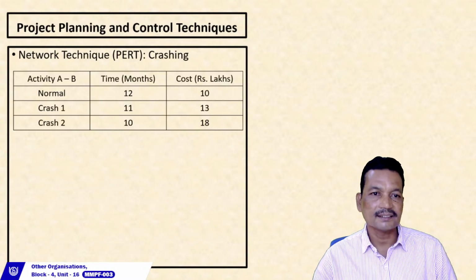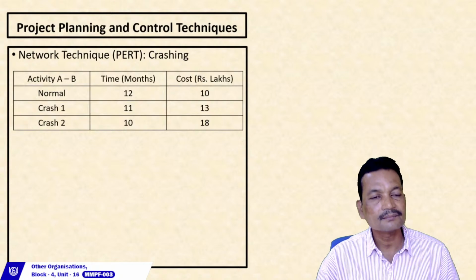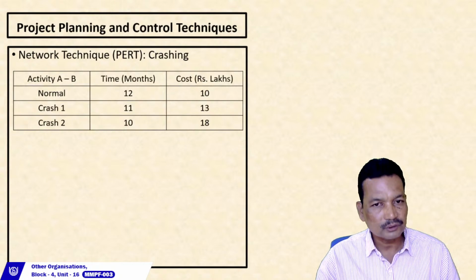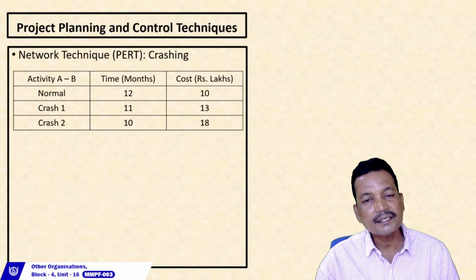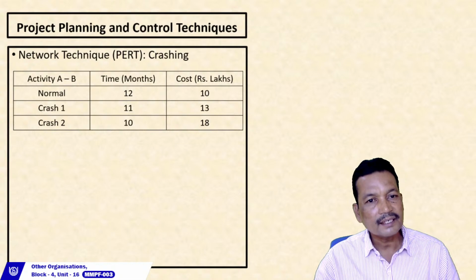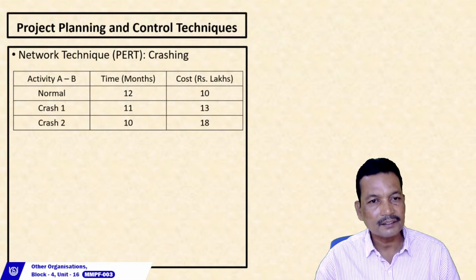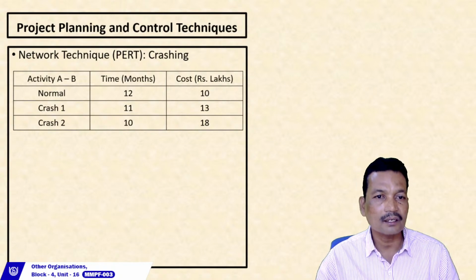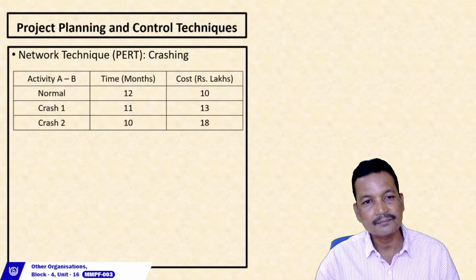Now what is crashing? Sometimes what happens? We try to complete the project earlier than it has been planned for. Now we know that in order to complete an activity at a faster rate, we have to work at a faster rate.